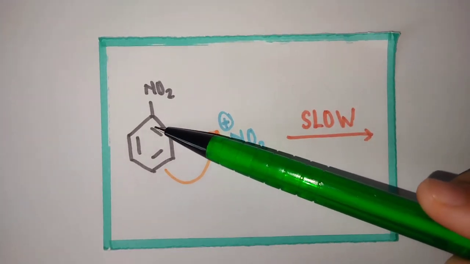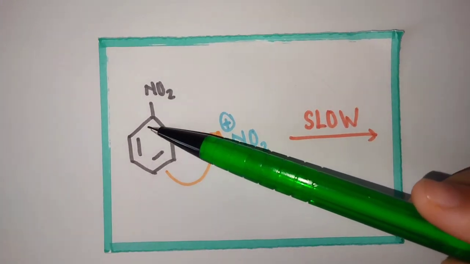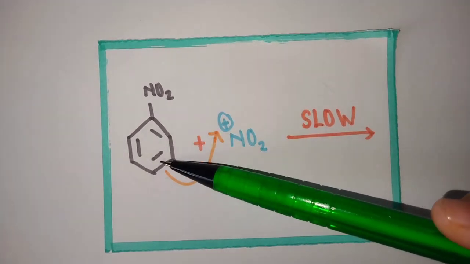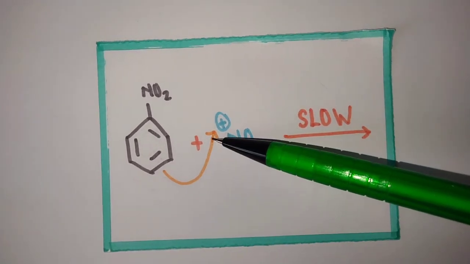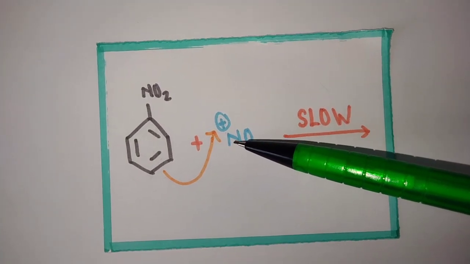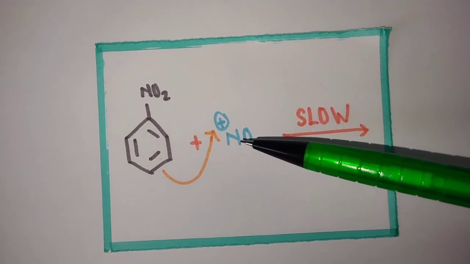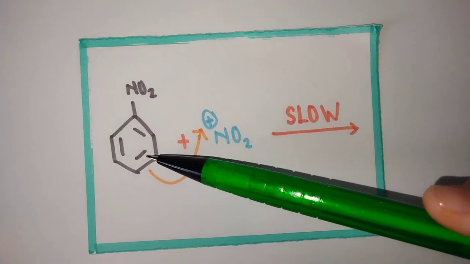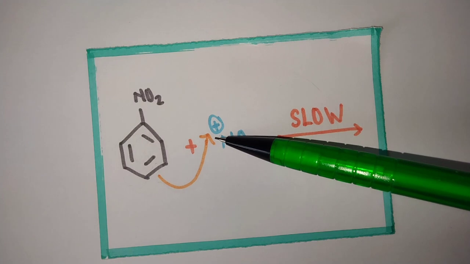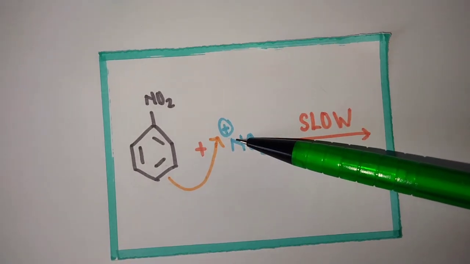Delocalized means the electrons inside this ring are always moving. So the electron-rich nitrobenzene is attracted to the positively charged nitronium ion, which is electron deficient due to the presence of nitrogen with two oxygen atoms. Therefore, two pi electrons of the nitrobenzene are pushed to the electrophile here.